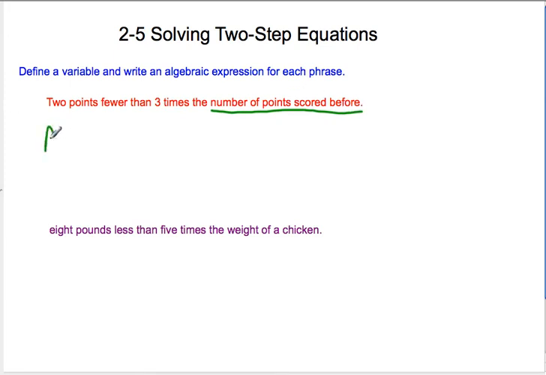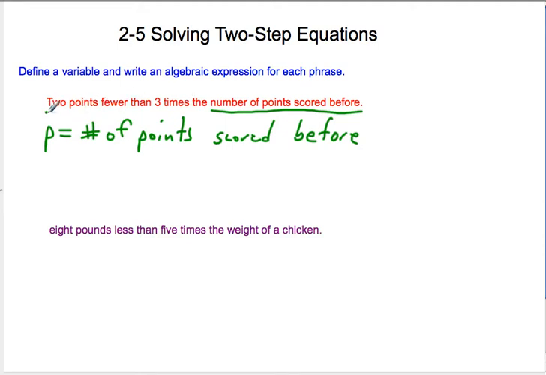So we're going to define that as our variable, our unknown. So P is going to equal the number of points scored before. Now that we have a representation of that algebraically, the rest is just translation.